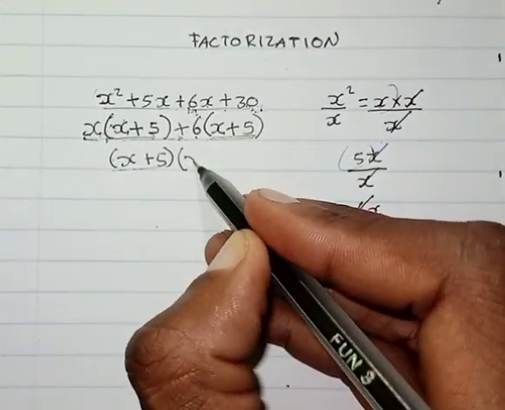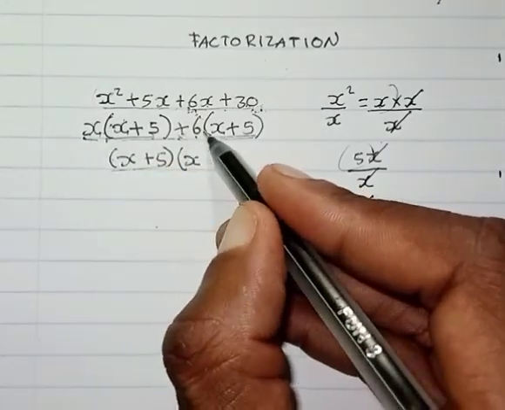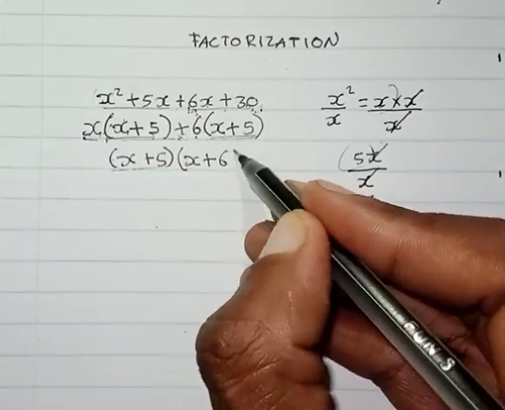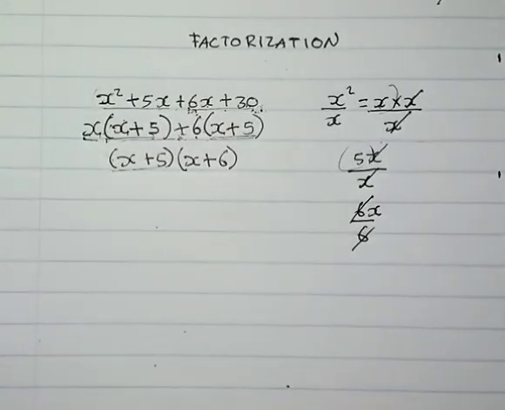Put them in parentheses. X positive 6. Positive 6 like that. So this is how we factorize. Let us look at another example. This one is very important, so watch it up to the end.